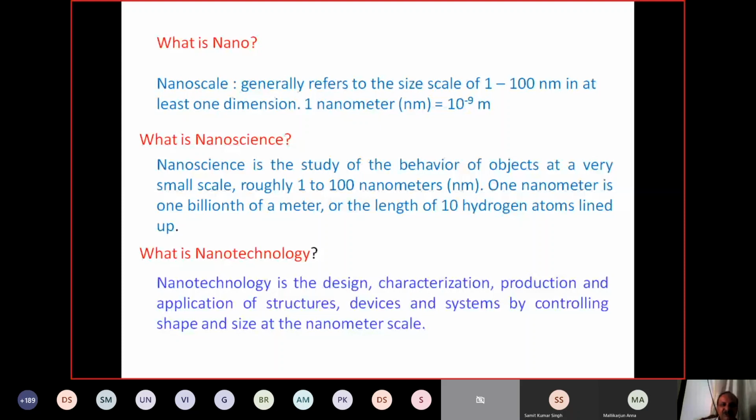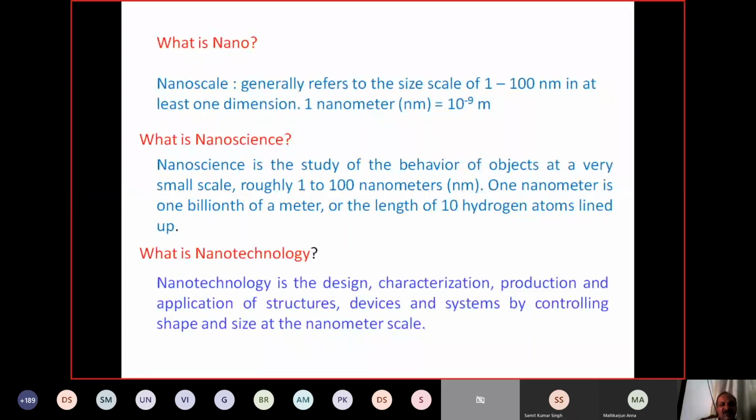So what is nanoscience? Nanoscience is the study of the behavior of objects at a very small scale, roughly less than 100 nanometers. 1 nanometer is nothing but one billionth of a meter, equivalent to the length of 10 hydrogen atoms. What is nanotechnology?